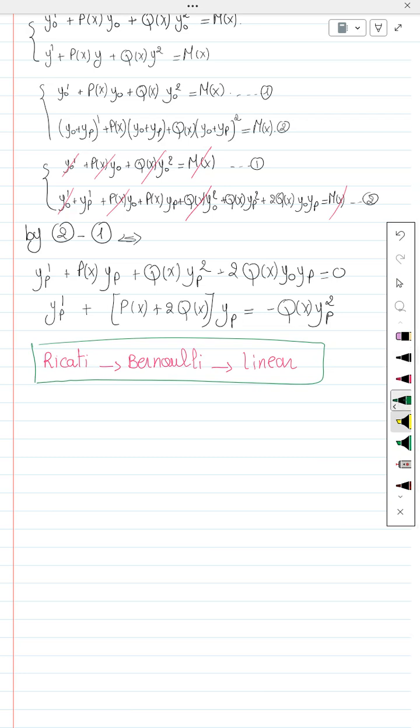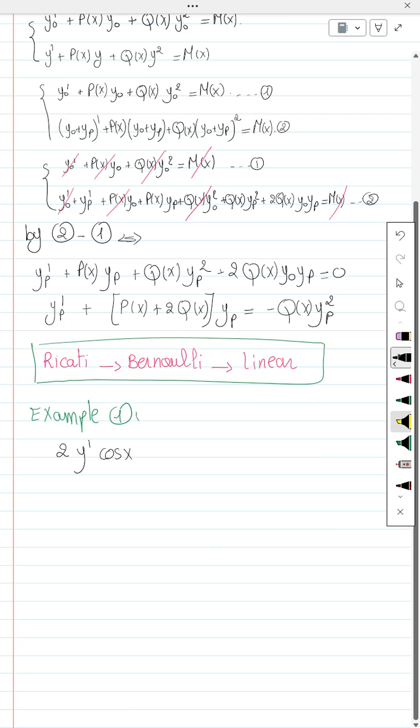Let's see example number 1. It says verify that, let me rewrite, 2y' cosine x is equal to y squared plus 2 cosine squared x minus sine squared x.